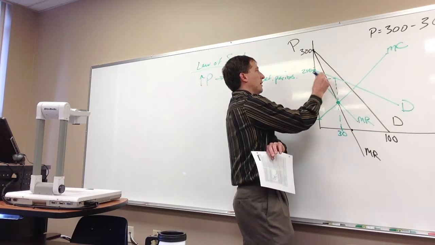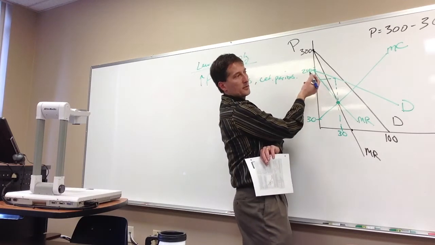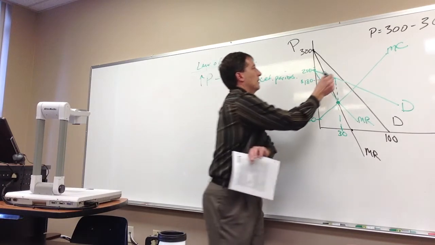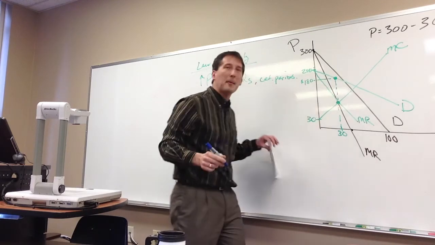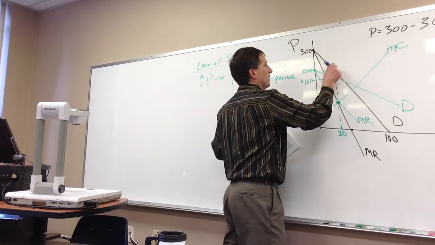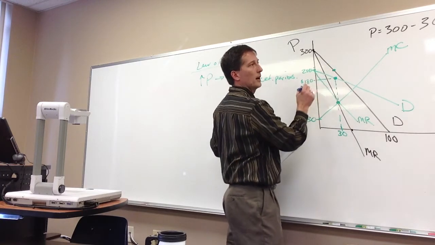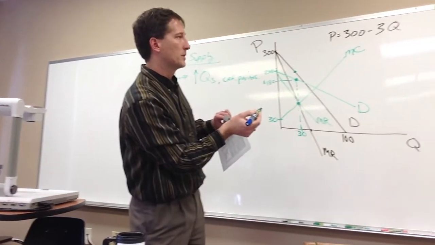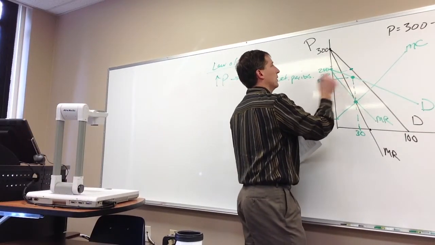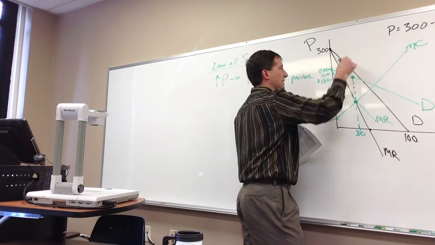We go up, and we got a price of 180. So if we were to try to map this thing out, we were here at, was it 240? No, 210. So we were here at 210, and that's our supply curve.